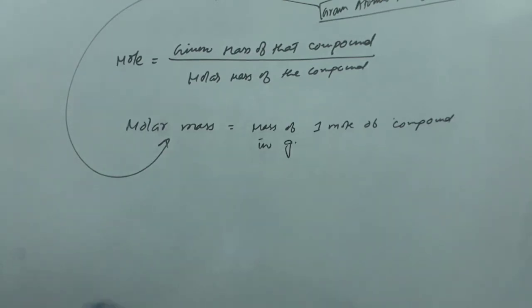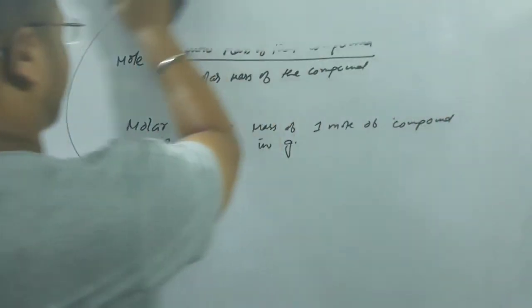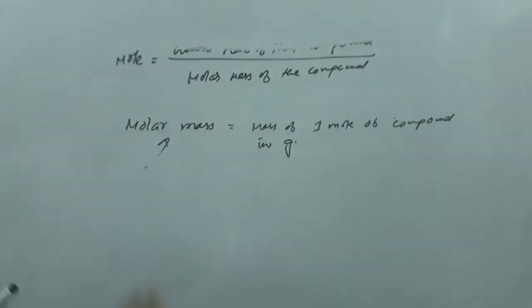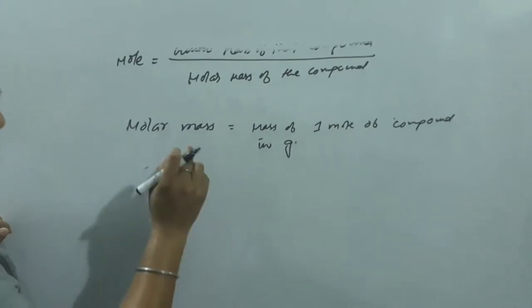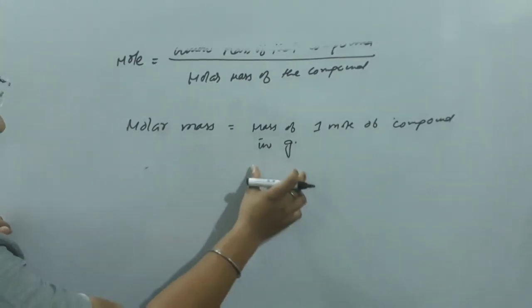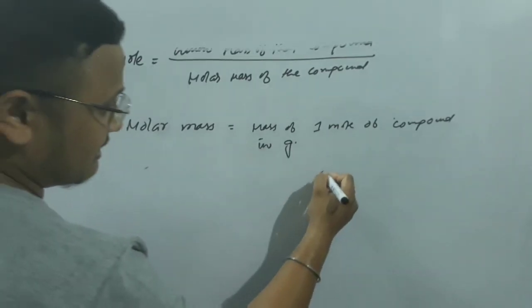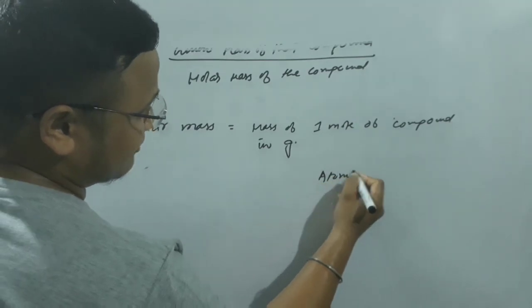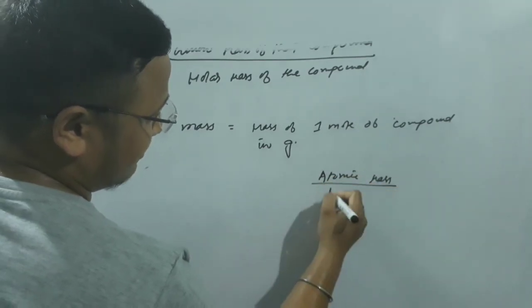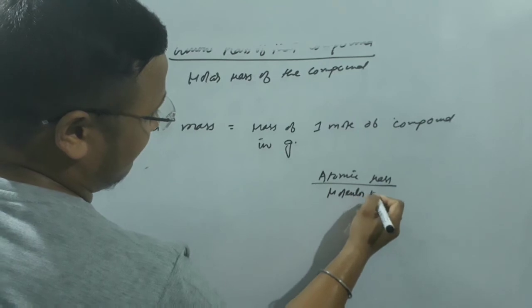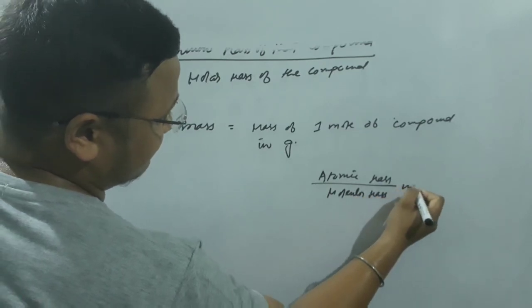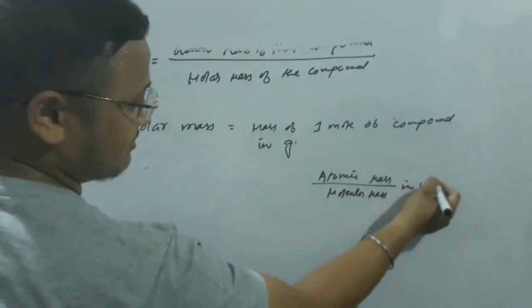I don't think you have visible this, right? What I'm saying, guys, is that whatever the molar mass in gram we have, that equals the atomic mass, molecular mass or formula mass in U unit, meaning unified mass or AMU.